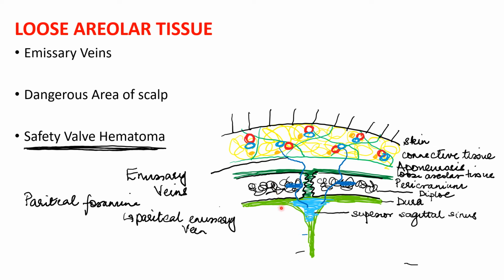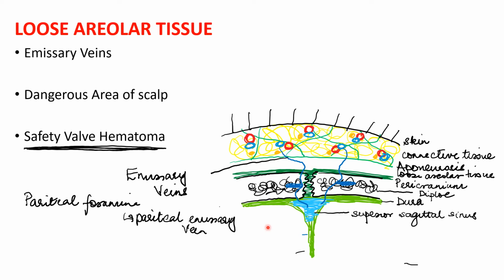As a result, if there is a fracture of this bone and there is an intracranial bleed because of this fracture, the bleeding here moves through the fracture lines. Because it is adherent, the pericranium will tear and the dura will also tear, and as a result the bleed will move from the inside to the outside, and the blood will lie in this area, which is the loose areolar tissue.